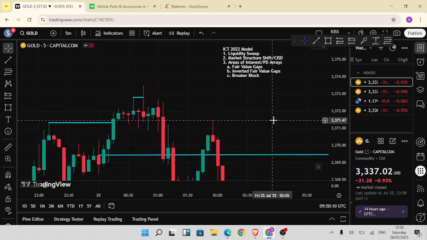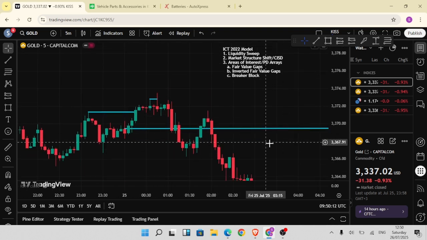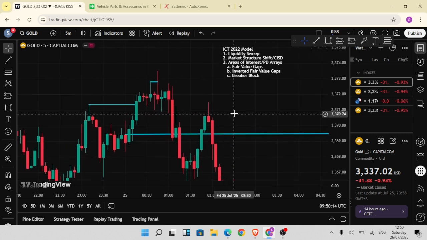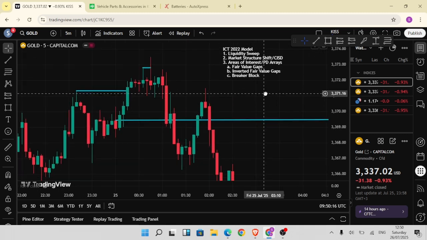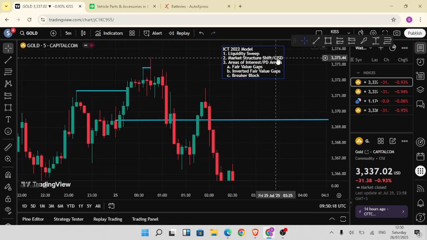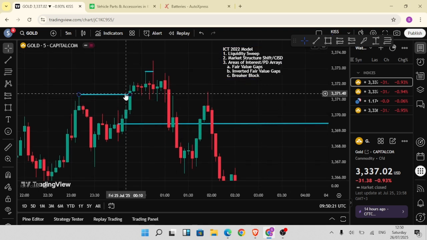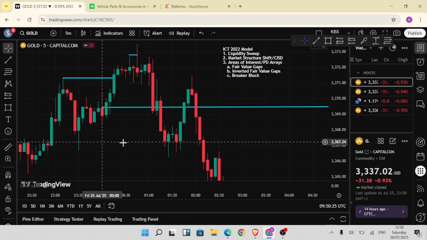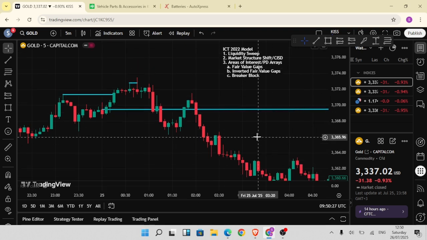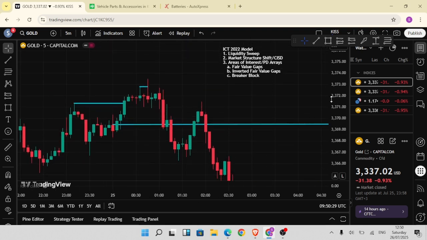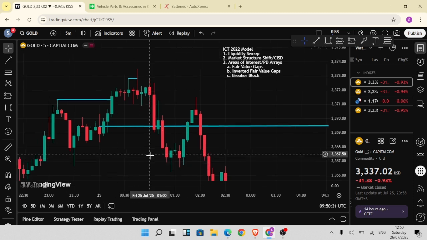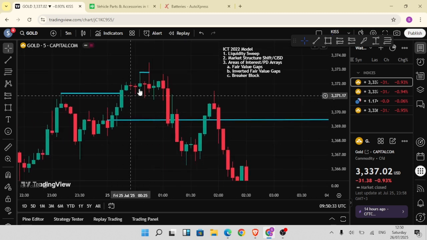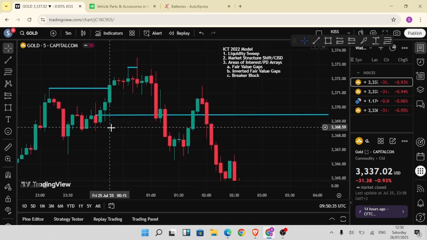Now that has happened. The next thing we are looking for is a market structure shift. Condition number 1 met. Condition number 2, we need to have a market structure shift. Now where do we have the last down close candles before this upside movement?